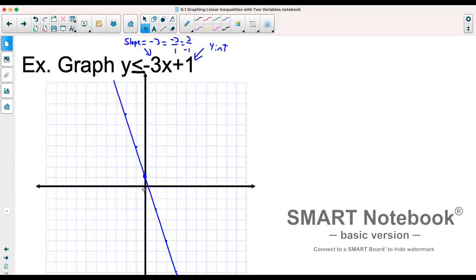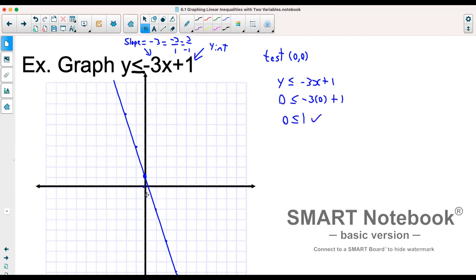Now I'm going to do my test point at 0, 0 again. That gives us y is less than or equal to negative 3x plus 1, put zeros in. So 0 is less than or equal to negative 3 times 0 plus 1. So we've got 0 is less than or equal to 1. That makes sense.